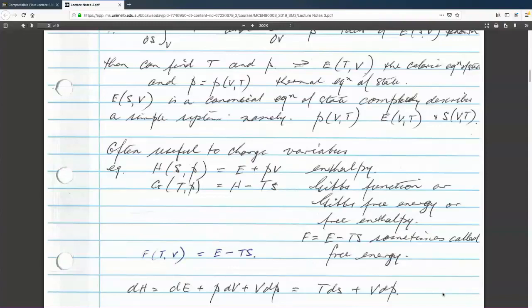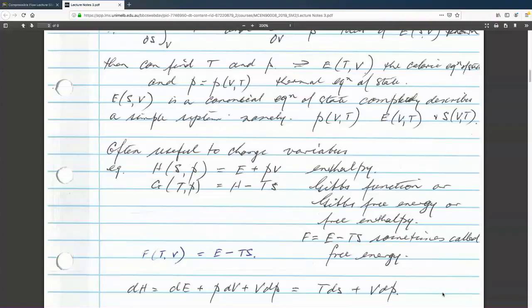So dH is dE plus P dV plus V dP. That's obvious to you, right? But dE plus P dV from the first law and from what we've developed is the entropy as a variable of state, so that dE plus P dV is dQ, which is T dS. And so then we've got that plus V dP.